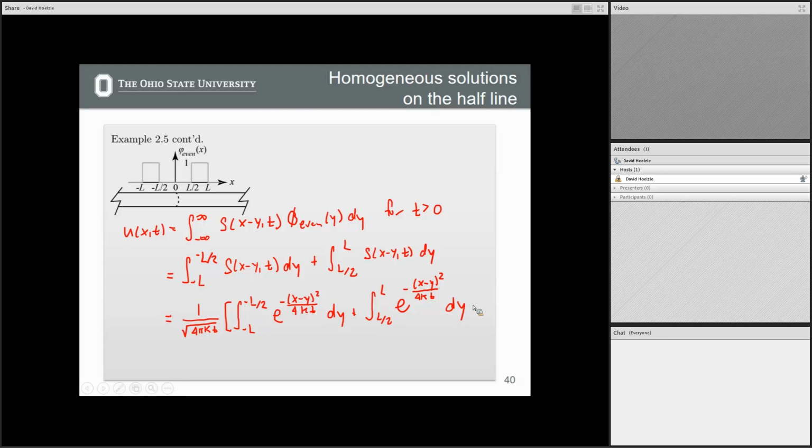Okay, so you can see that this problem has now become very similar to the problem we just looked at, right? Almost exactly the same form, and we have these limits of integration that we have to deal with, but we can deal with these just like we did with the previous problem, right? Okay, so we're going to apply the same substitution. Substitution p is equal to x minus y over the square root of 4kt.